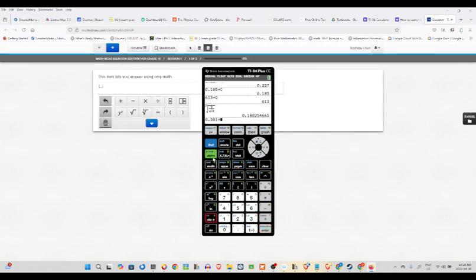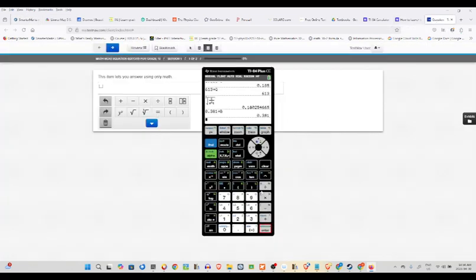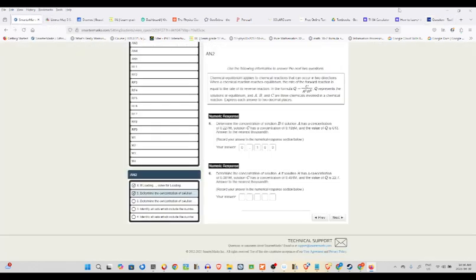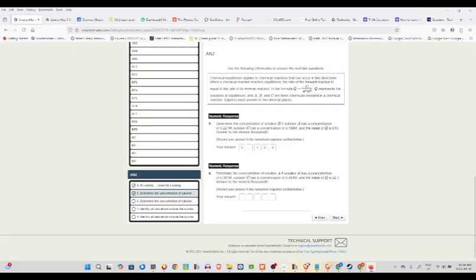0.381, gets stored in b. 0.401 gets stored in c. Did it say 401, right? Yes, 401. And this time our equilibrium constant is 22.7.